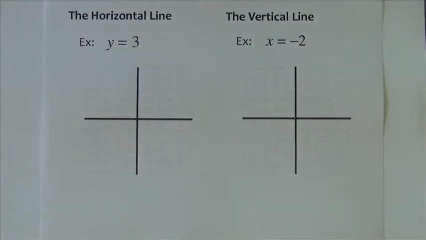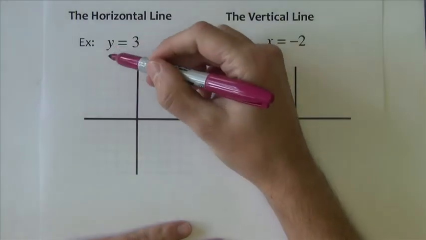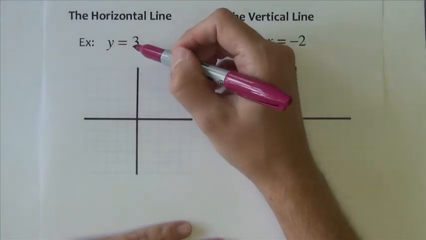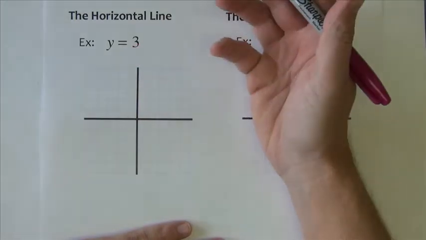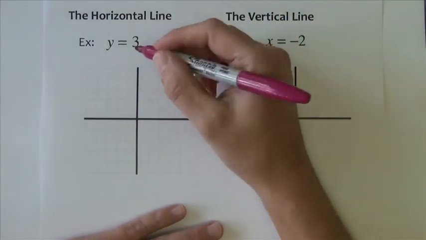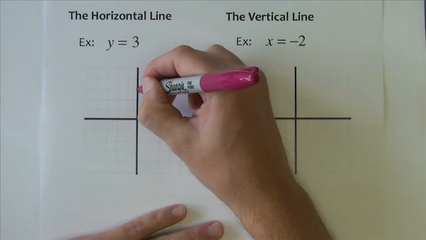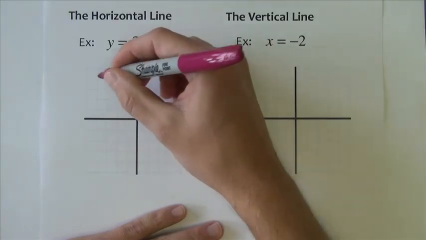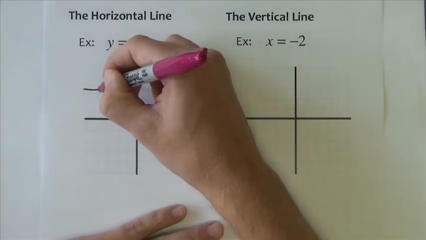Alright, the last thing to go over in this particular section is two kind of special, unique cases of lines. They are the horizontal and the vertical line. Horizontal lines are always written as y equals, and they're just y equals a number. Y equals a constant is all. All we're going to do is go to that constant on the y-axis and then draw a horizontal.